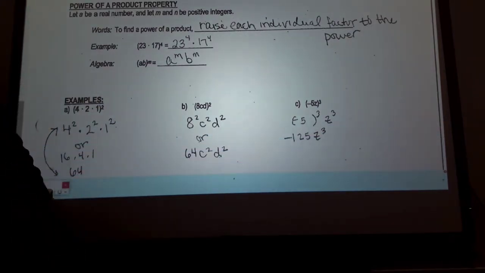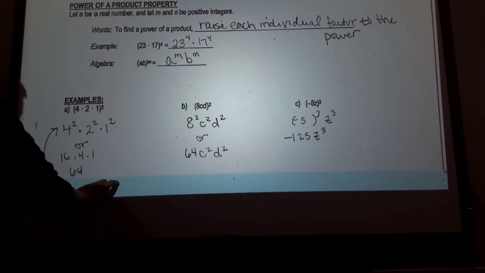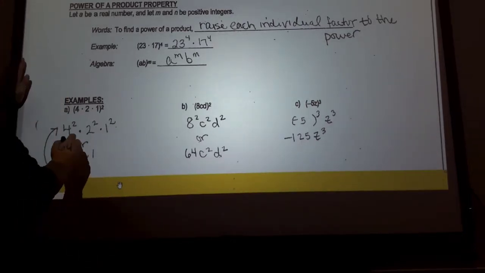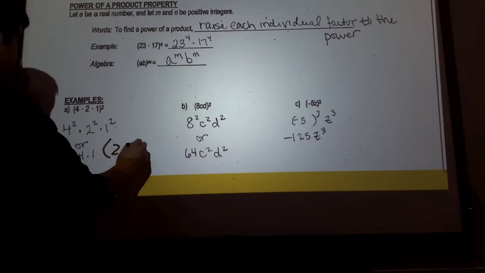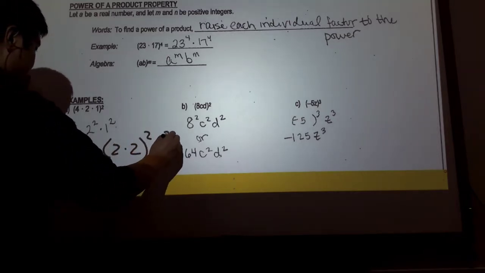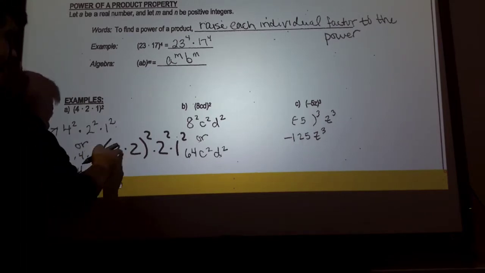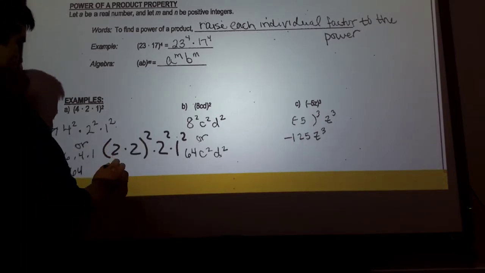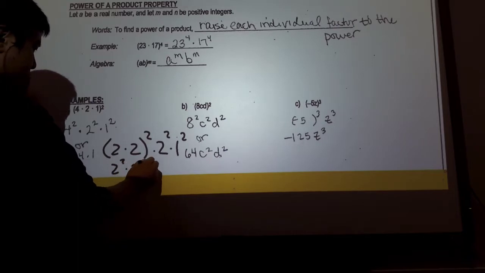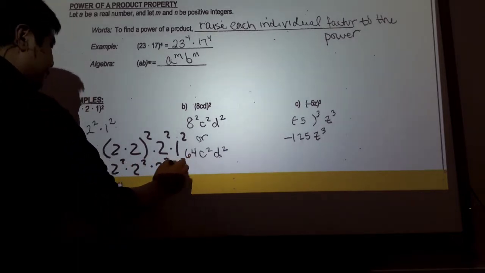Okay. And another way we could write it is 2 times 2 to the second power times 2 squared times 1 squared. Here we have two factors taking the second power, so that would be 2 to the second times 2 to the second times 2 to the second times 1 squared.